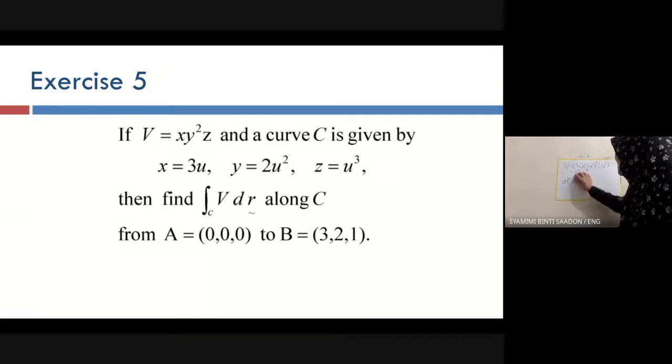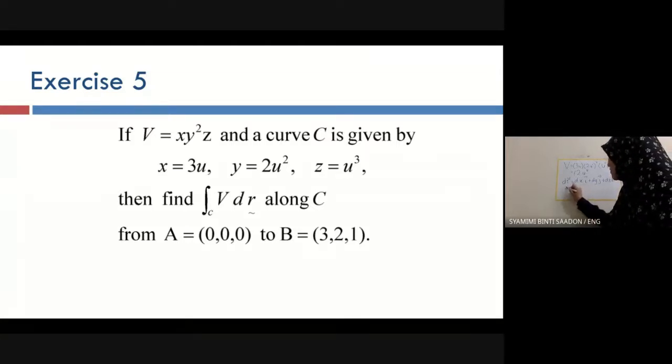I write the definition first so that you understand better. dr is dx i plus dy j plus dz k. What is dx?